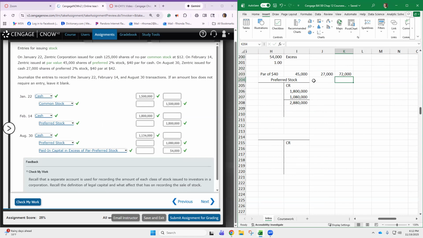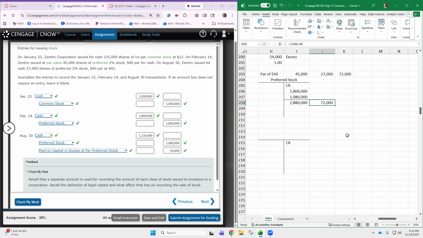If you wouldn't have kept track, you can always divide the total dollar value in preferred stock by its par, right? So if I take the total in preferred stock and divide by $40, there's the 72,000 shares. So we can always keep track of how many shares we have sold by always using par in the preferred stock account.